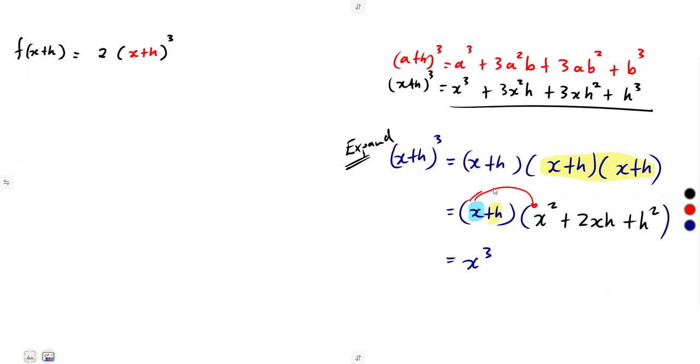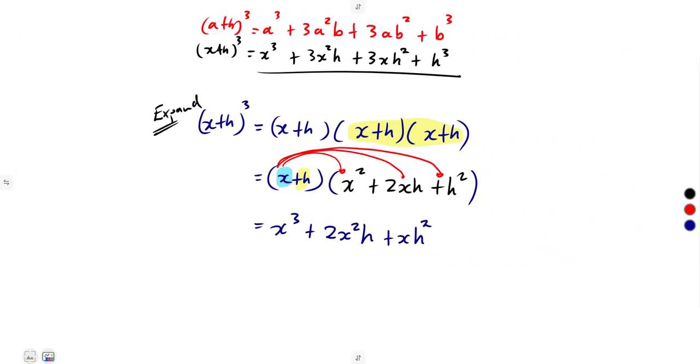Then x and 2xh. So x and x is going to give us x squared, so it's 2x squared h. Then the sum, x multiplies the last term, h squared. So this is x h squared. We are done with the first term.